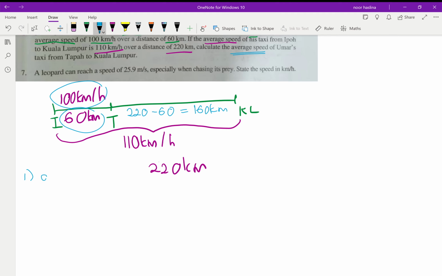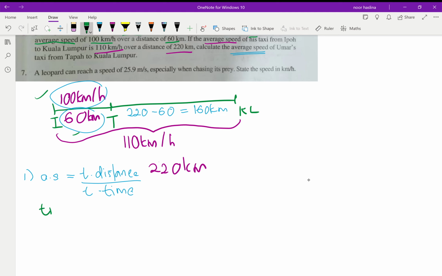You know already, average speed equals total distance over total time taken. From this clue, we already have the average speed. After that, you have the distance, so find out the time taken.